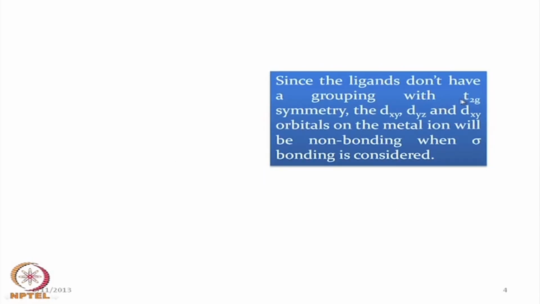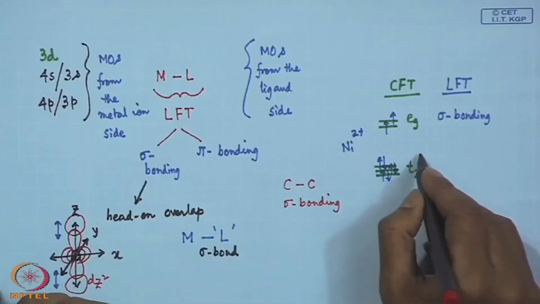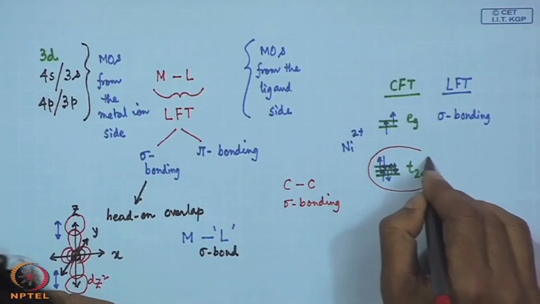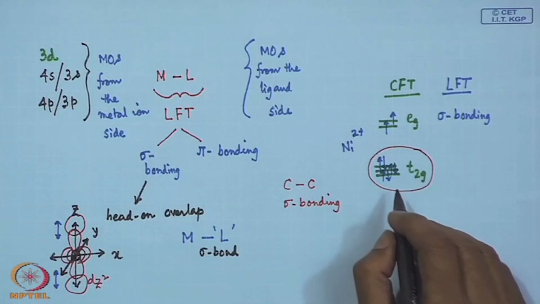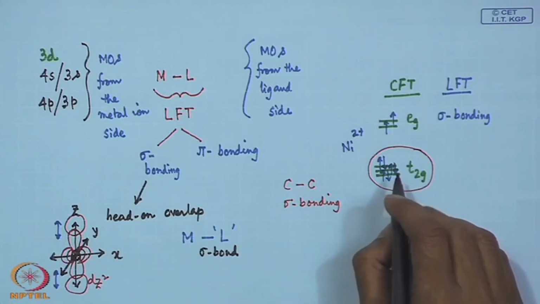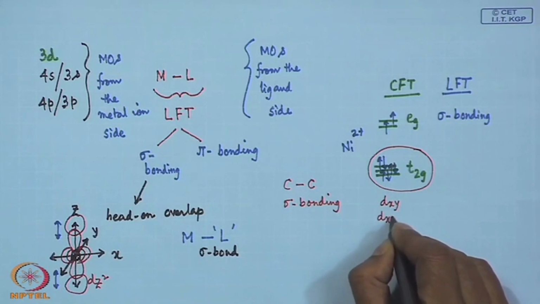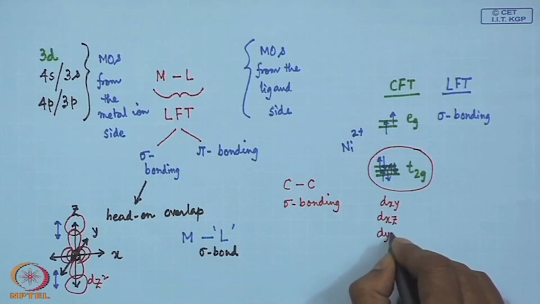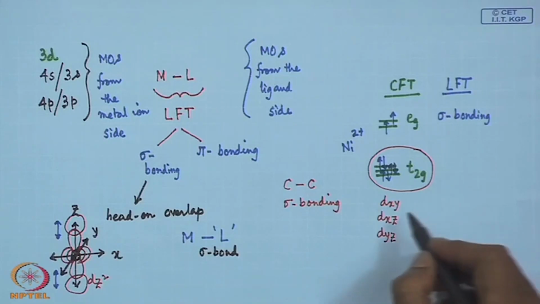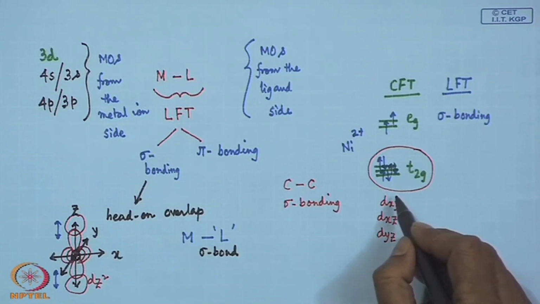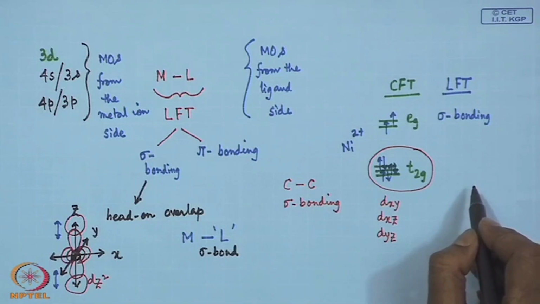Then we see the other set which is not utilized for sigma bonding, that means what we have seen in crystal field theory as the t2g set of orbitals. In that particular case we have the electrons available from these t2g levels, and these dxy, dxz and dyz orbitals will not have any matching symmetry from the ligand side for sigma bonding.